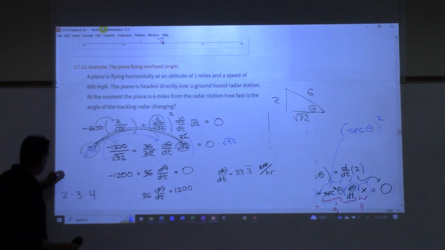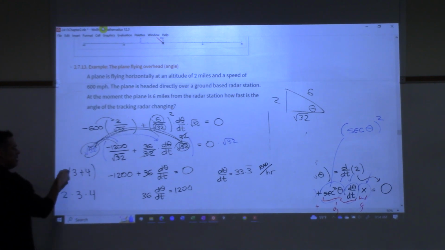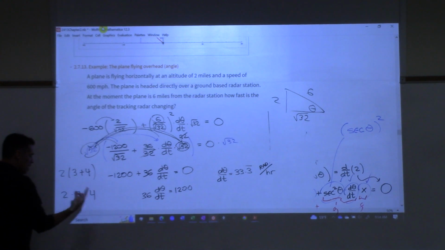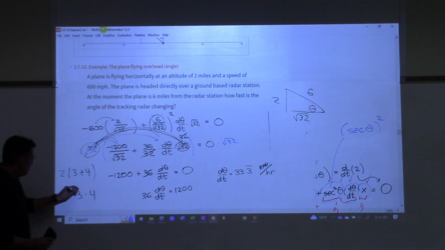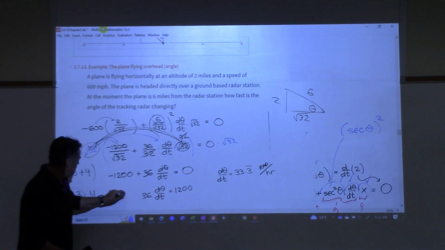You only do that if you had this, then you would do 2 times 3, and then add to that 2 times 4. Here, when you multiply 3 things together, you do these 2 together, which would be 6, and then times 4 is 24. Or you could have done this.